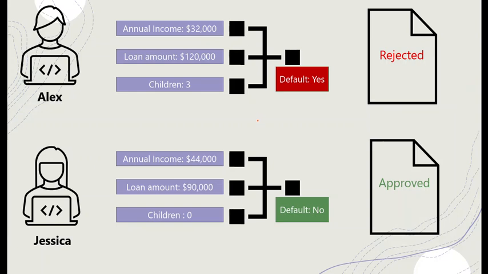So in this case, Alex is an applicant that went online to lendus.com and provided his information, including the annual income, the loan amount, and the number of children he has. All of this data was fed into an already trained machine learning model, or system, and that model, depending on the input information of Alex, produced a class.